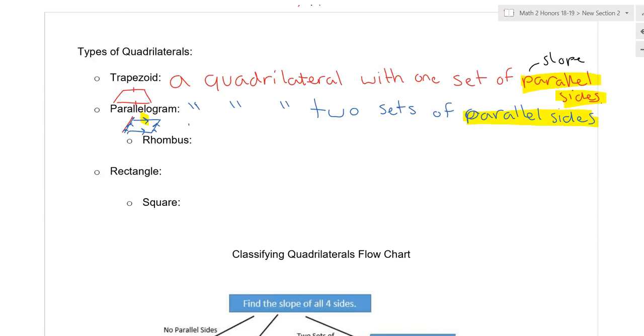Then we have a rhombus. A rhombus is a type of parallelogram. It kind of looks like a diamond when you tilt it on its side. I'll go through the definition.